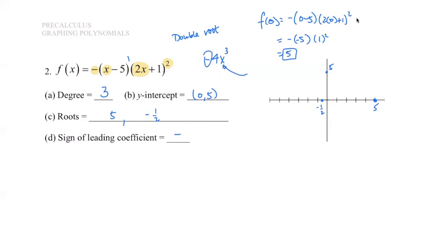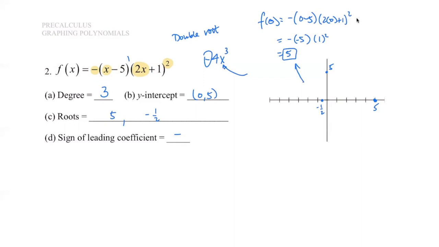So it will result in a positive number. When x is equal to negative 10, we are going to have a very, very big positive number. So we know it's going to be starting high.